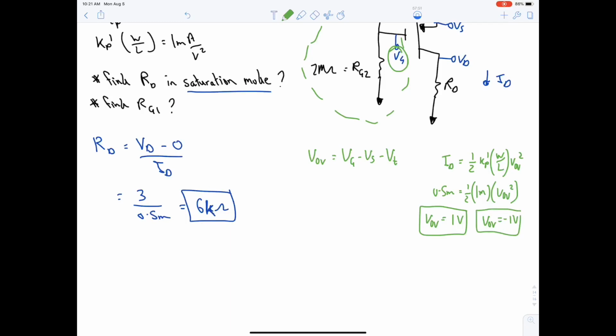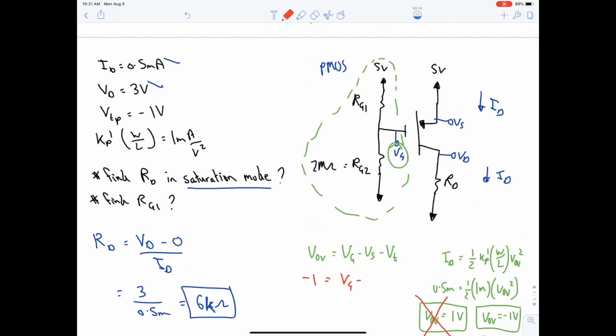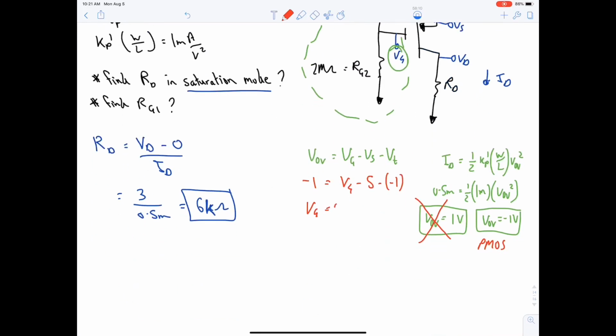Which one are we going to pick, positive or negative? Of course we're going to pick the negative, because we are PMOS. So if VOV is minus 1, VG unknown, VS is 5, VT is minus 1, VG is equal to 3 volt.